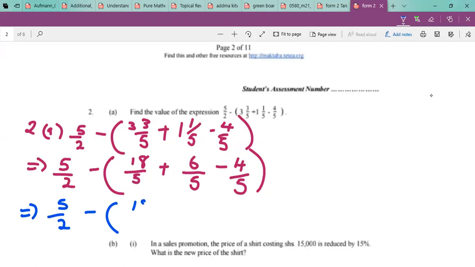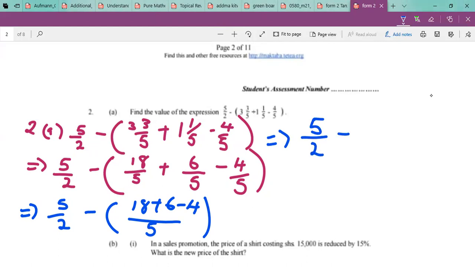So we have 5 over 2 minus 18 plus 6 minus 4 over 5. You're going to get 21 divided by 5.